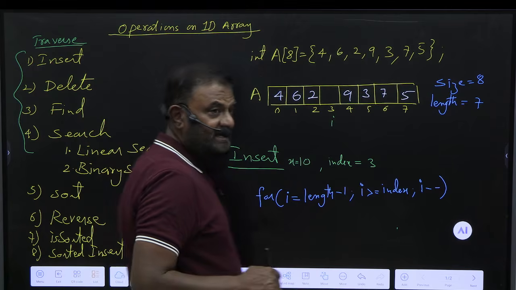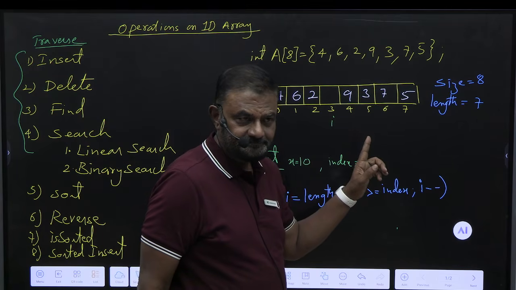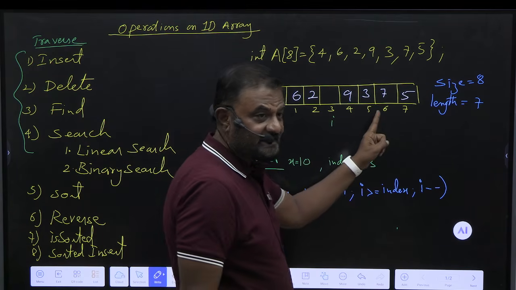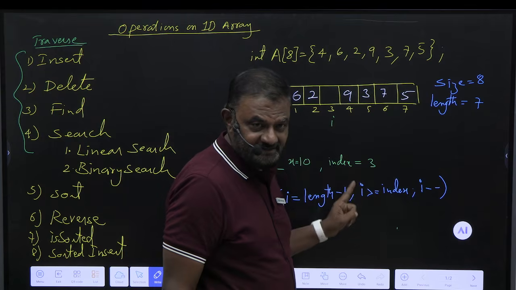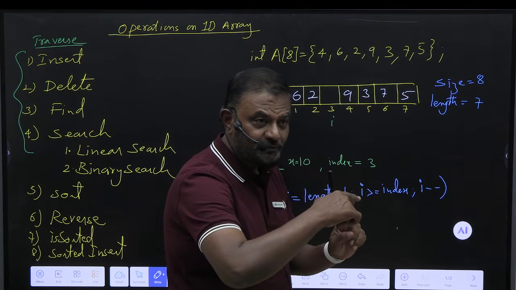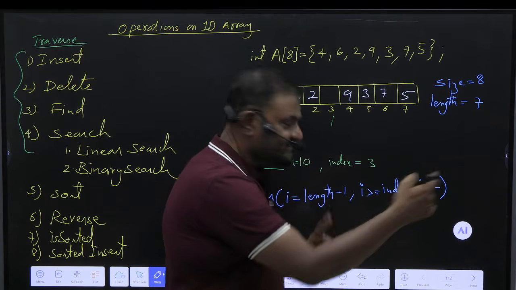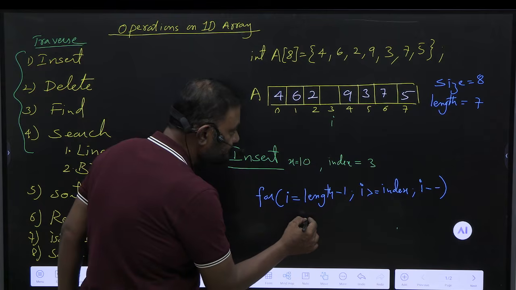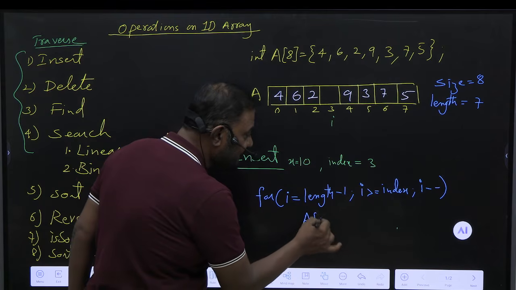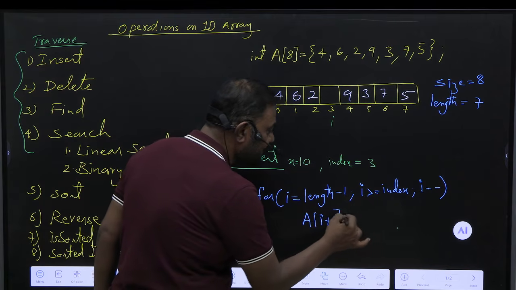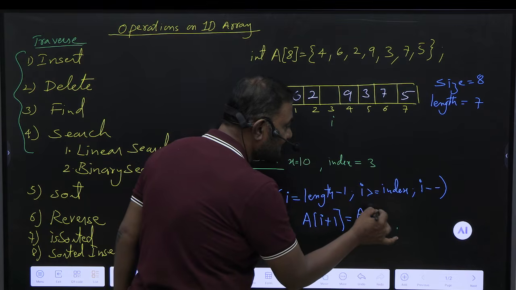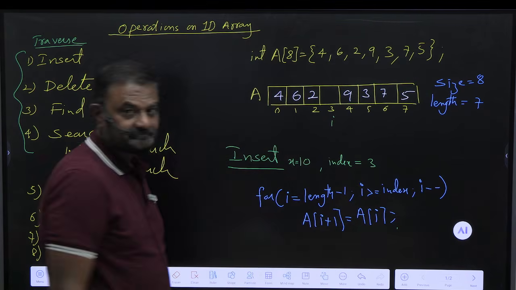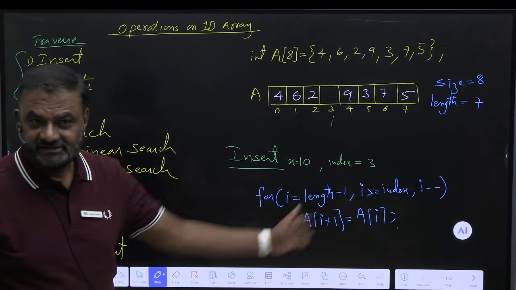Now initially I started at 6, right? So what we have to do? We have to move the element to the next place. So tell me the code. A of next place, you should copy the element from current place. This will shift all the elements.